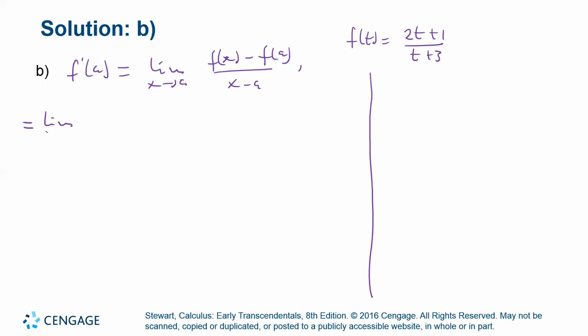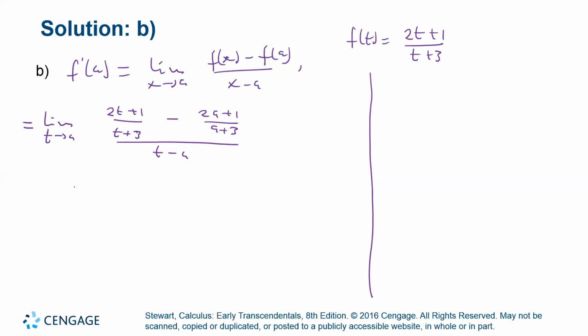So if I use this definition again, this is equal to the limit, this will be t, so x will be t, t goes toward a, and then I have (2t plus 1) over (t plus 3) minus (2a plus 1) over (a plus 3), all divided by t minus a.